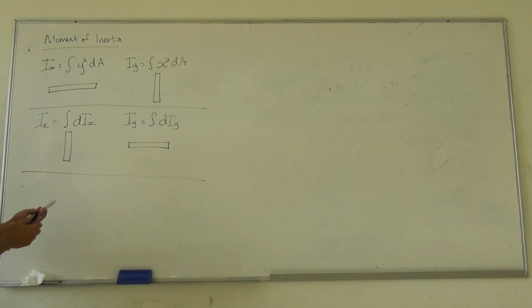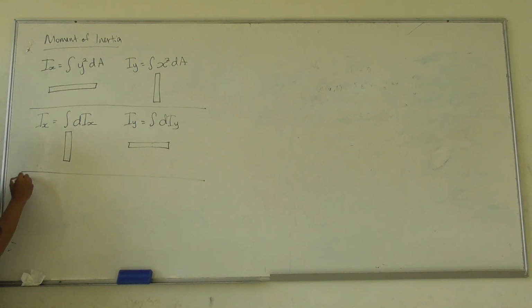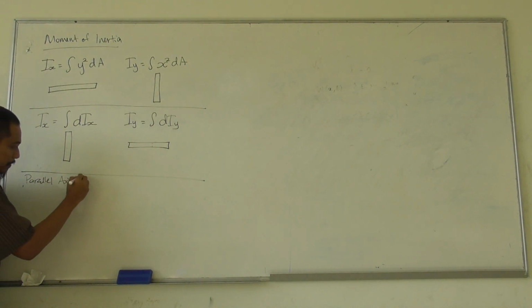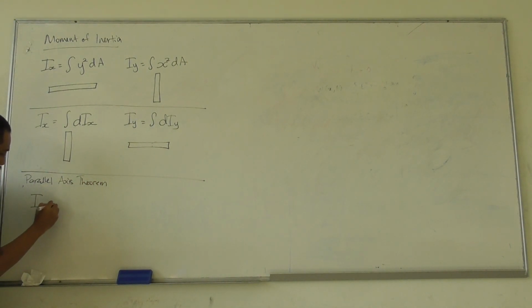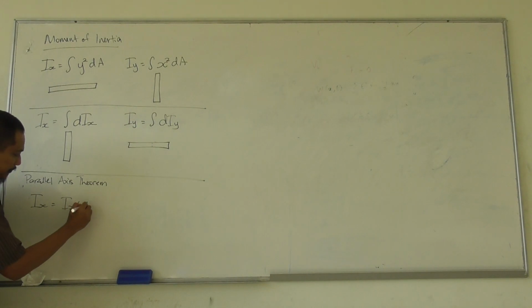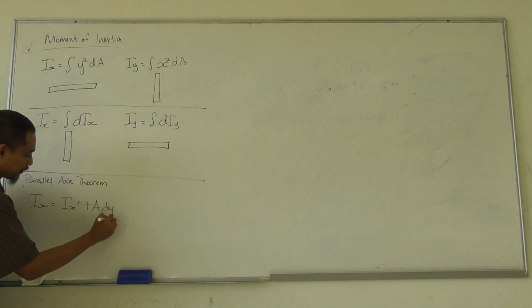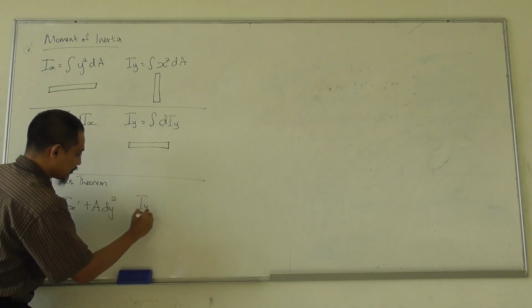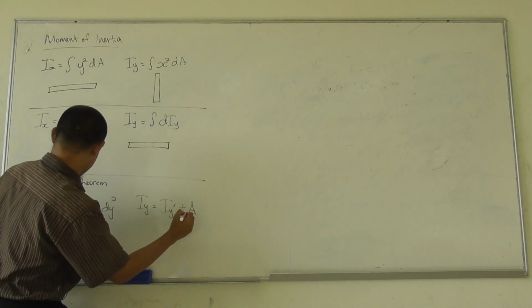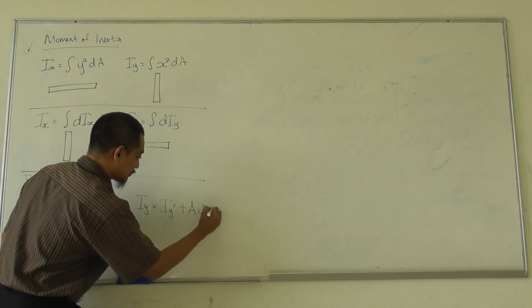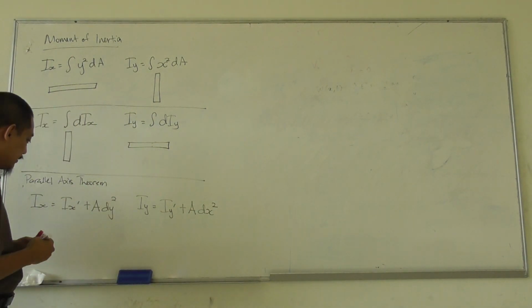And for parallel axis theorem, we have Ix equal to Ix prime plus A dy squared, and Iy equal to Iy prime plus A dx squared, right?